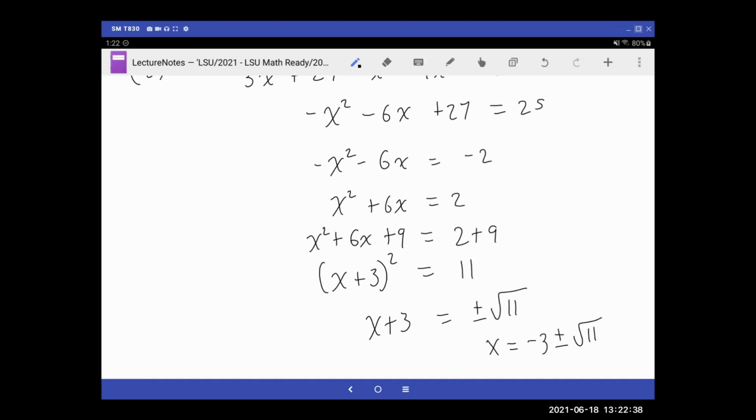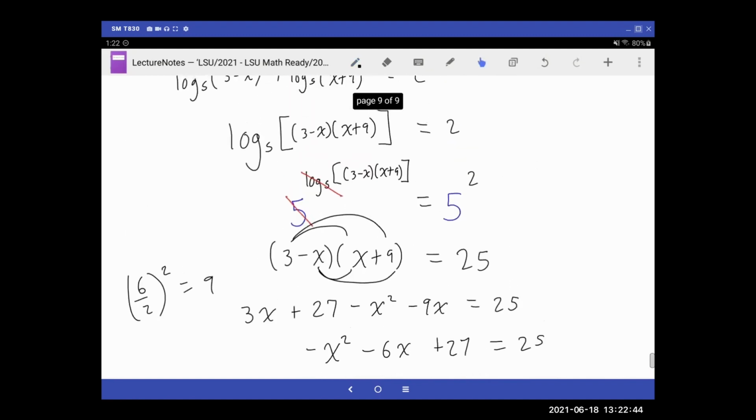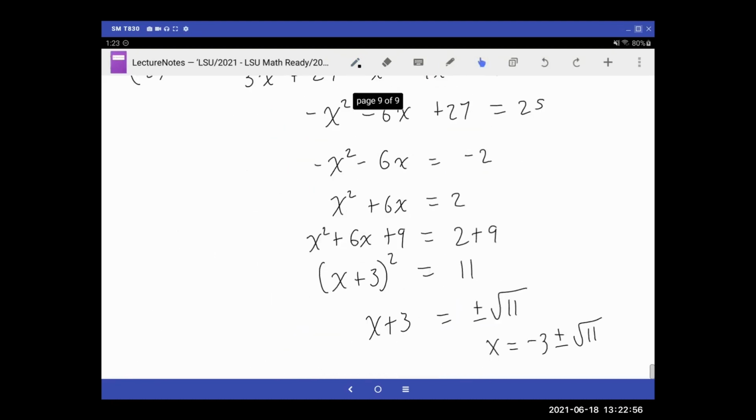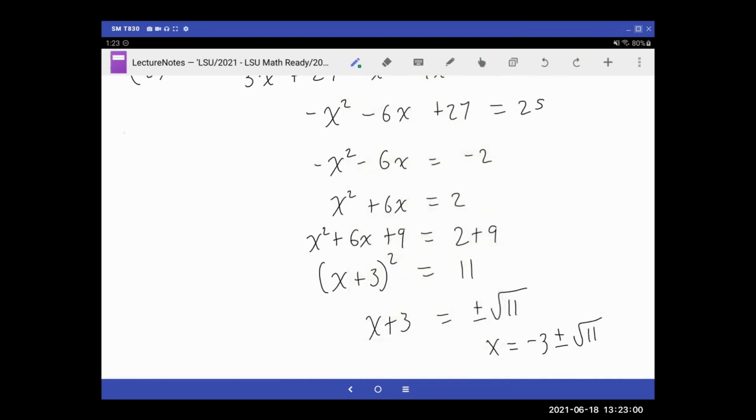Okay, so now of those solutions, I have to make sure that plugging them in does not cause me to have a negative or a 0 inside of my logarithm. So I need to check them both, right? So it's easier if you find decimal approximations.